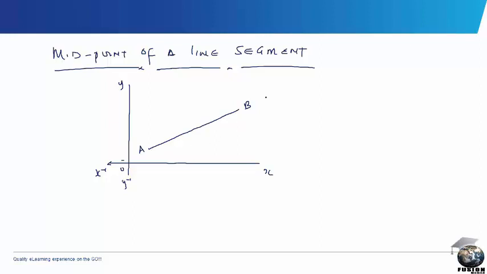At point B, the coordinates are x2 and y2. At A, the coordinates are x1 and y1.